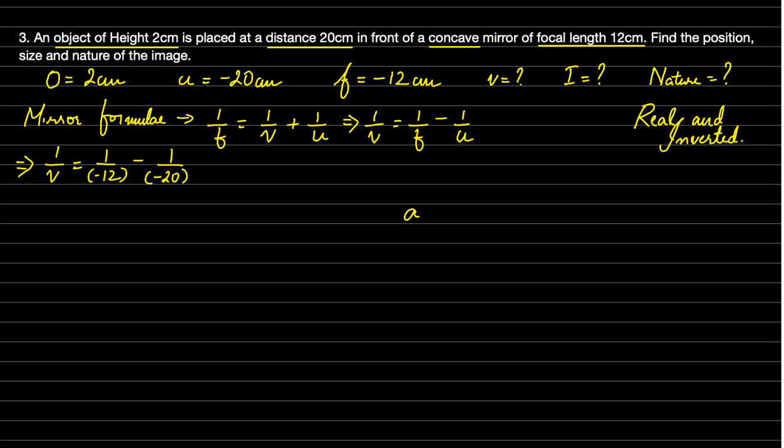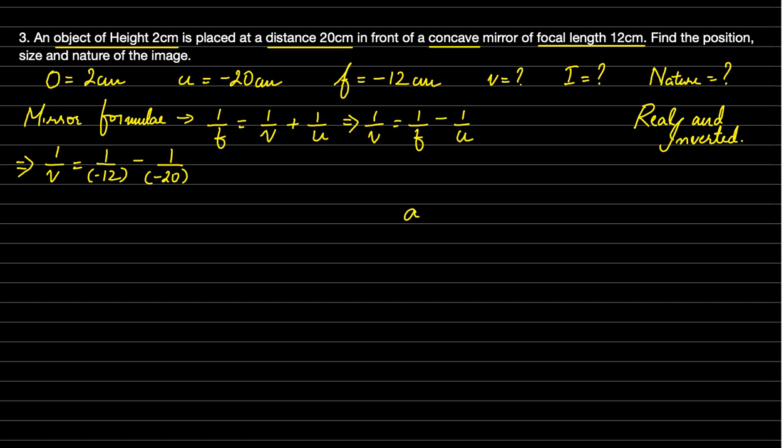So we have got this. Now I can write this as minus 1 divided by 12. Minus into minus is plus, so here what I get is 1 divided by 20. Now what would be the LCM of 12 and 20? It would be 60.